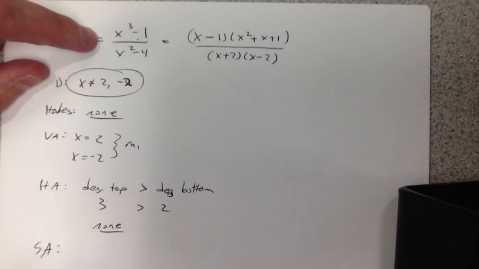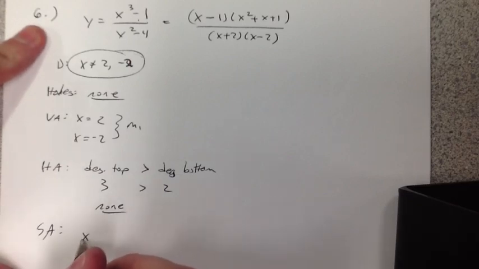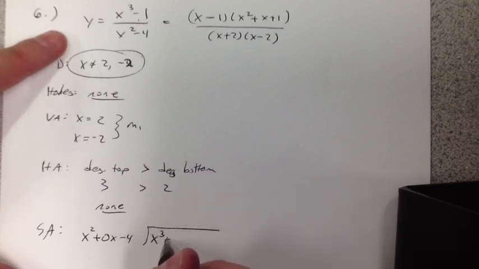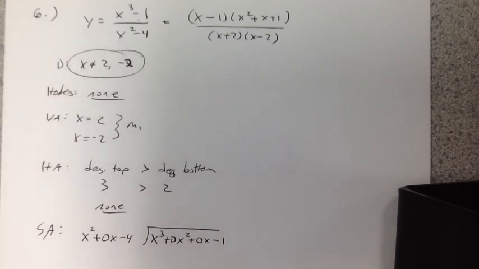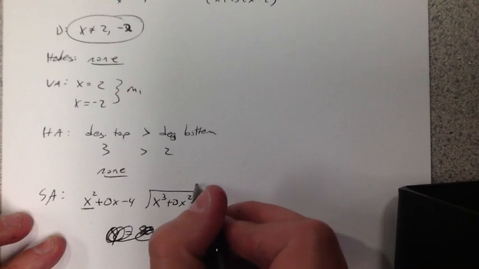So let's go and get the slant asymptote. We already know it's not going to cross. We have to divide. I'm going to take this x squared plus 0x minus 4 and divide that into x cubed plus 0x squared plus 0x minus 1. We have to multiply here by x.